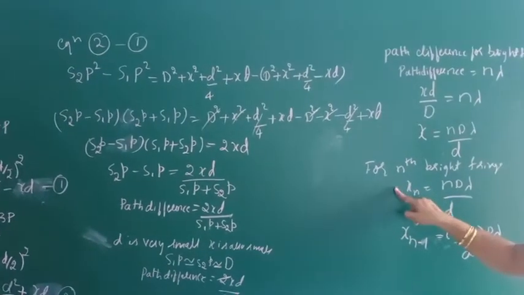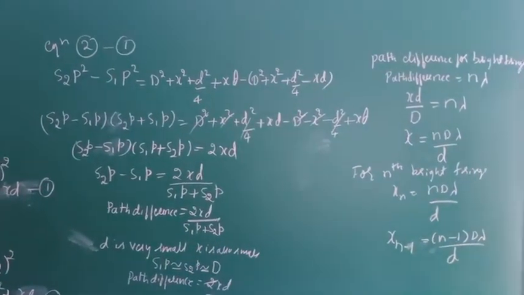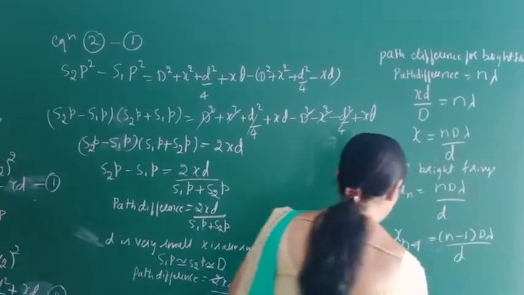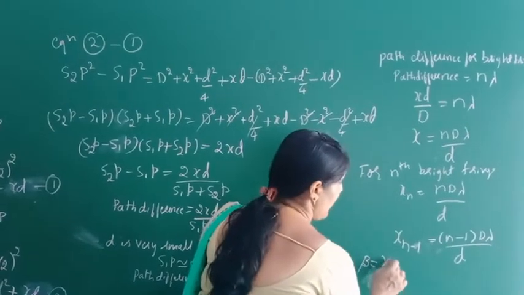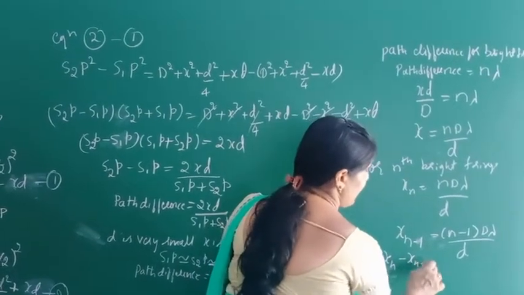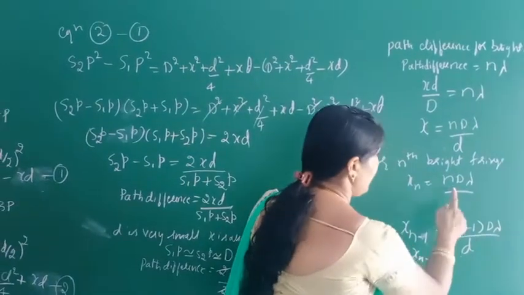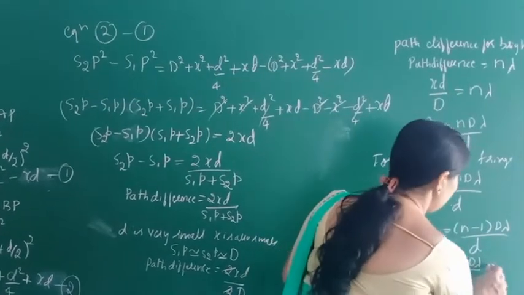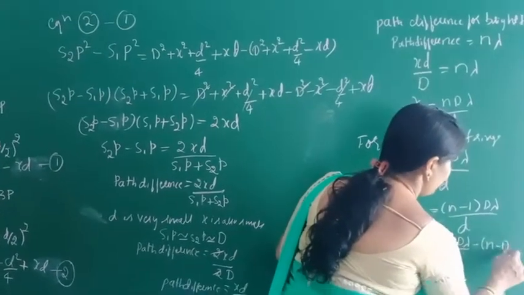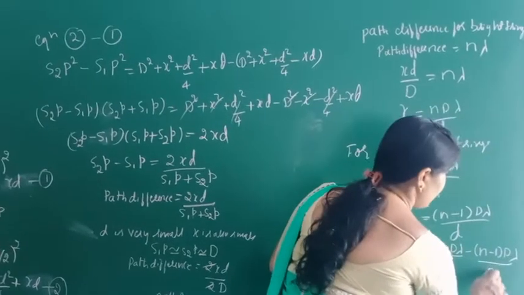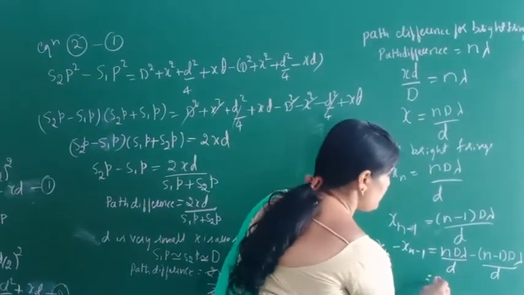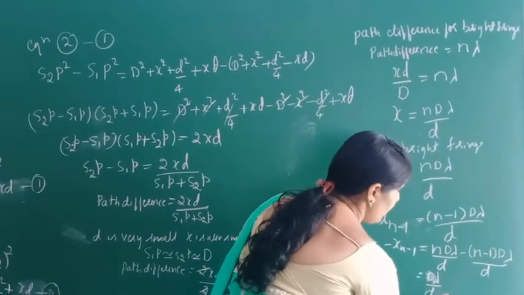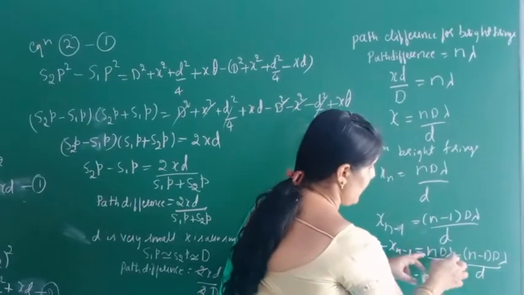The distance between these two consecutive fringes is known as fringe width, beta. So beta equals xn minus xn minus 1, which is n D lambda by d minus n minus 1 into D lambda by d. The common factor is D lambda by d.